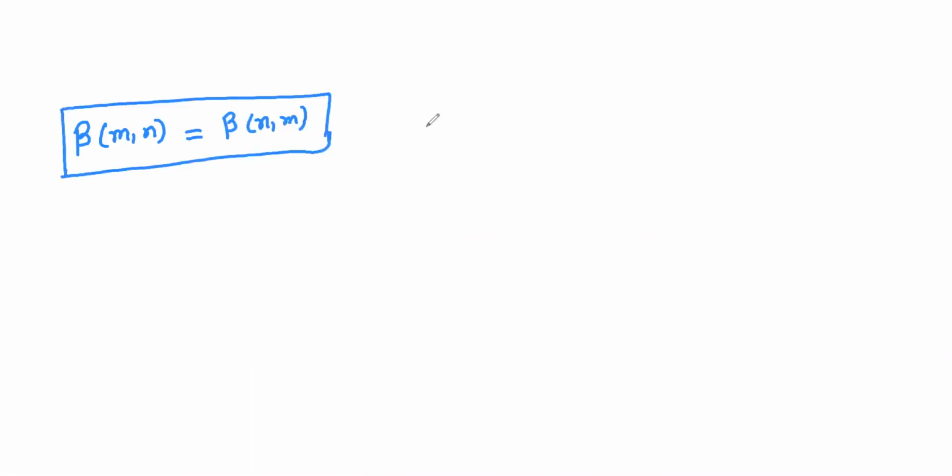So now beta(m, n) I can write as the integral 0 to 1 of x to the power m minus 1, 1 minus x to the power n minus 1, dx.